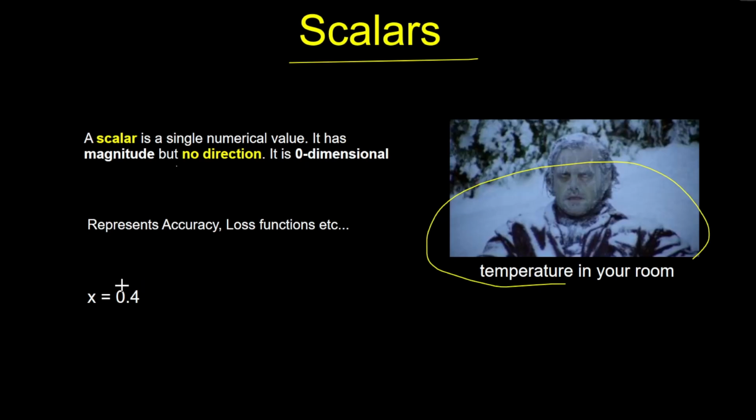It can be any value like x equal to 0.4, but it only represents the magnitude, which is the value, but not any direction. Scalars are used in machine learning for various purposes, for example, to represent the accuracy of a model or the loss of a model.